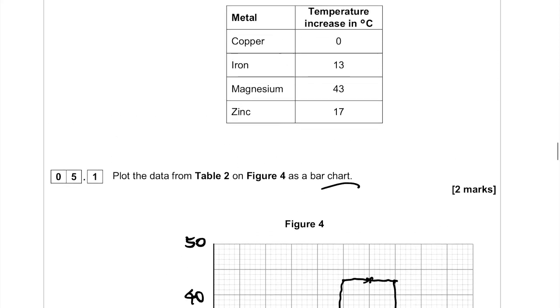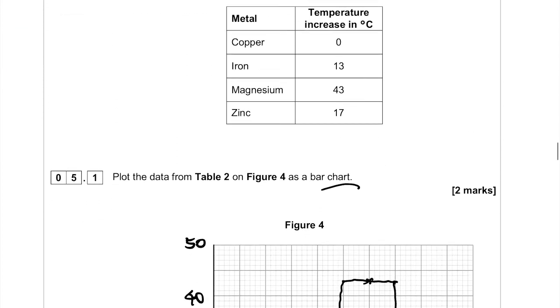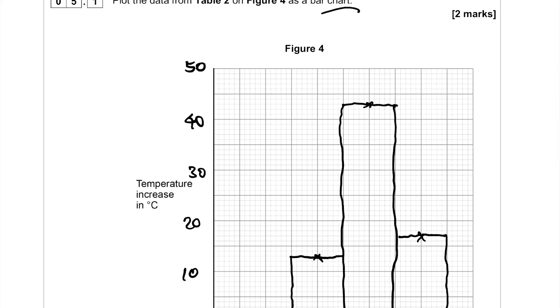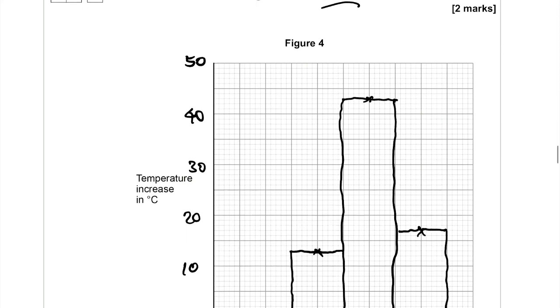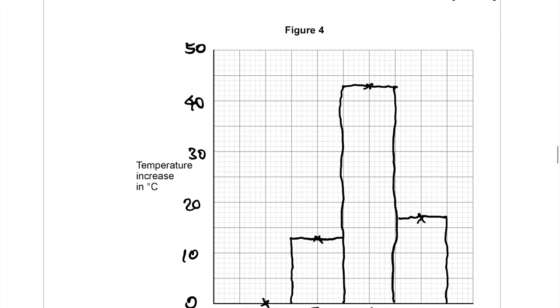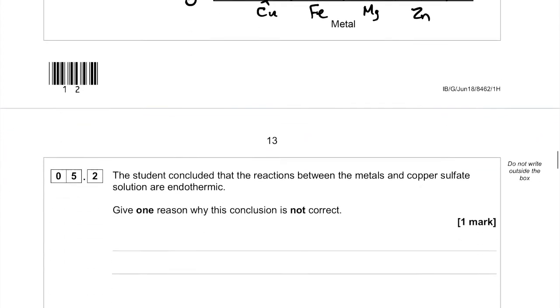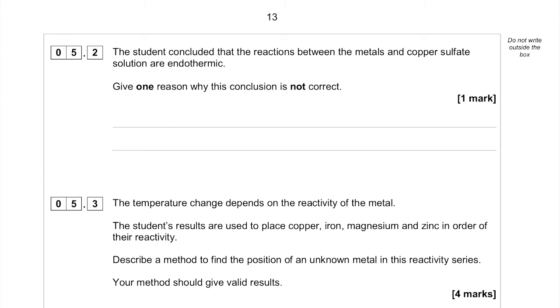It didn't say you need to put them in specific orders, so that would be fine. So 2 marks. I always think that plotting should be worth more than 2 marks because it's just a waste of time, really. It doesn't really do much in terms of chemistry knowledge, but that's what exam boards want.